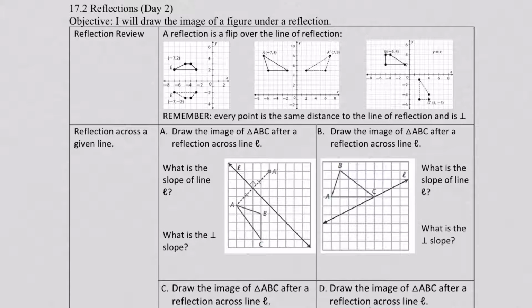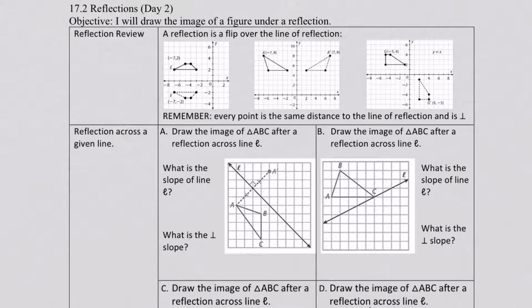So for example, you have a couple of pictures here. Here's this first one. The pre-image is right here, and the image is down here, right? What happened to the pre-image to get to the image? It got reflected, right? See the reflection right there? You could obviously see that it's a mirror image of it. What is the line of reflection in this case?